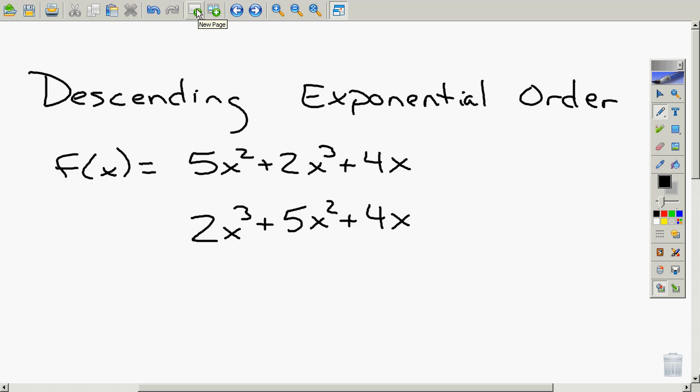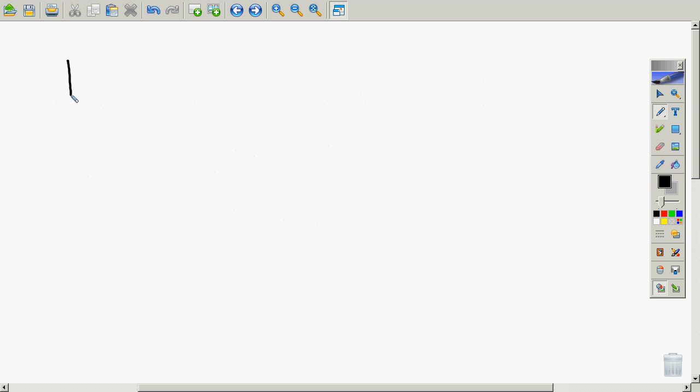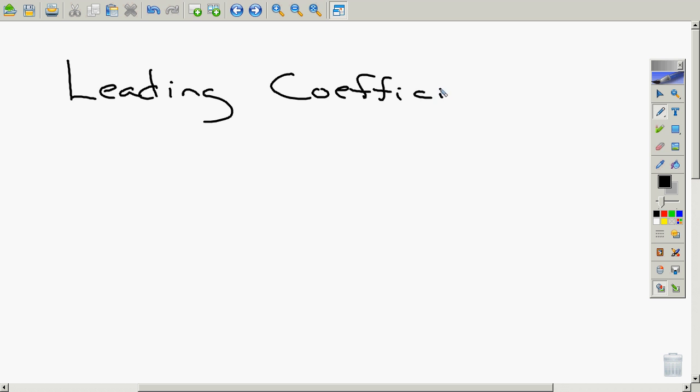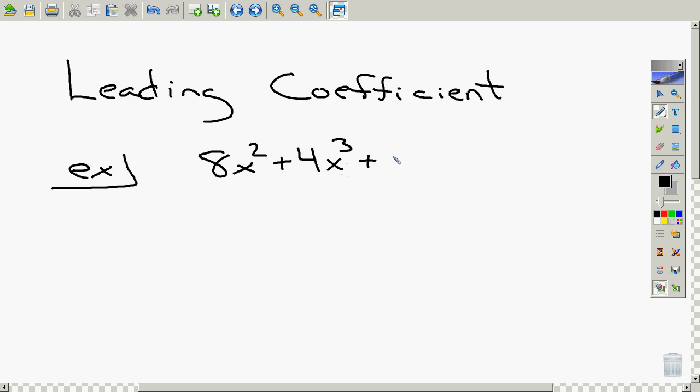And finally, the last thing, leading coefficient. The leading coefficient is the coefficient in front of the first term. So for example, this problem, 8x squared plus 4x to the 3rd plus 7.